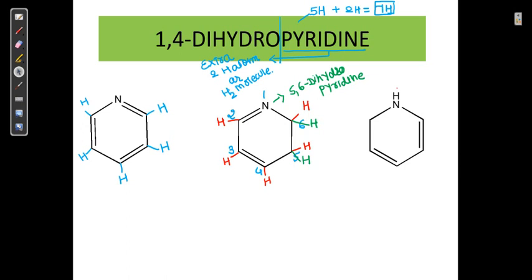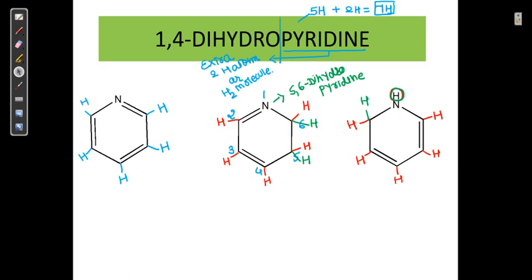In a similar way, if we see here, it has a hydrogen written here. Second, third, fourth, fifth, sixth. Now what are the extra hydrogens present at that position? One is at this position and another is this one.